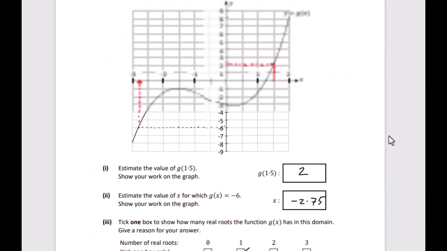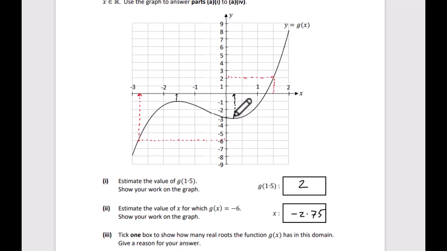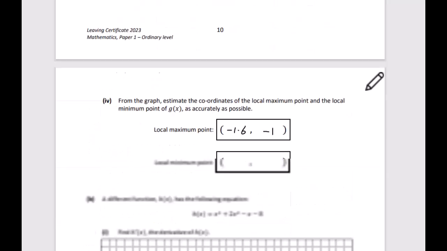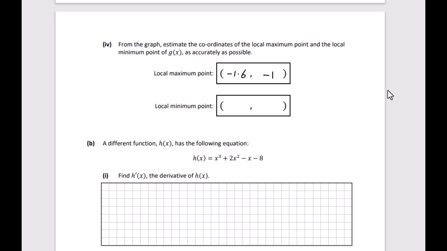The local minimum then is here, so I'm going to say an x value of 0.25 and a y value of about minus 3.25. So 0.25 and minus 3.25.